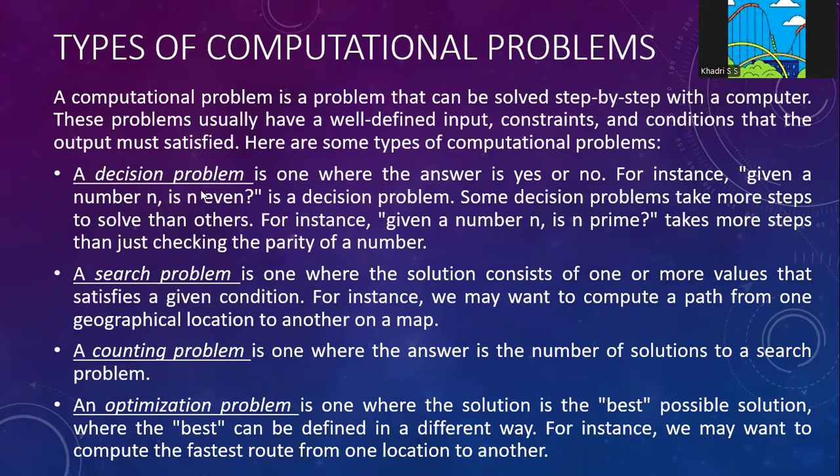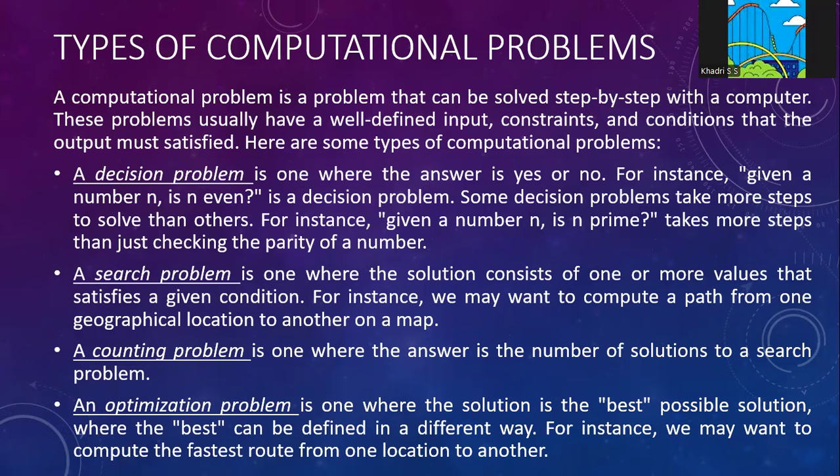Let us see what we mean by a computational problem. It is a problem that can be solved step by step with a computer. These problems usually have well-defined inputs and constraints and conditions that the output must satisfy, right?